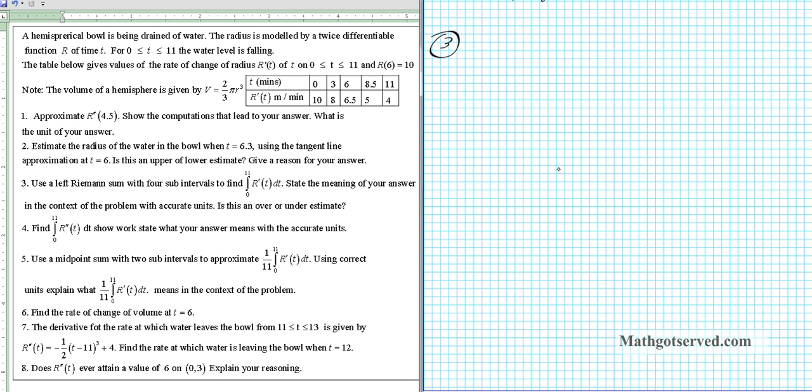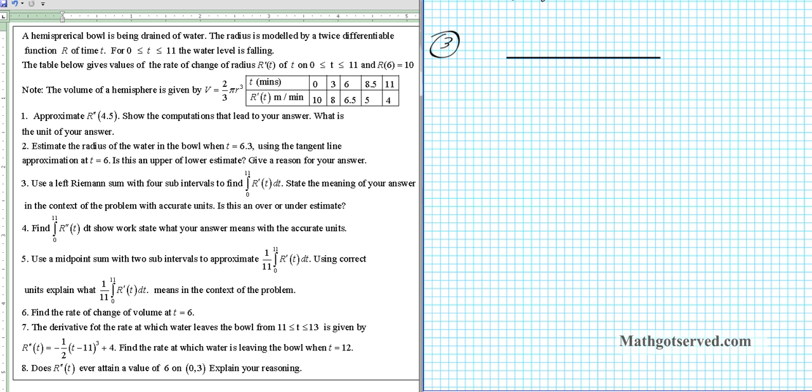Okay, so let's go ahead and set this up. Before we do that, I like to always use a number line for my Riemann approximations so that I can have an idea as to what's happening with the partitioning.